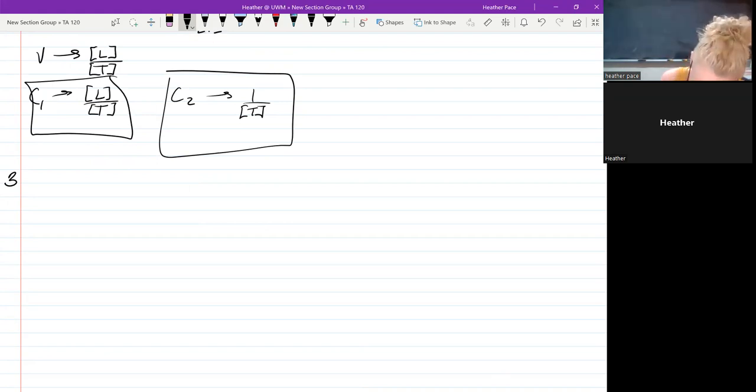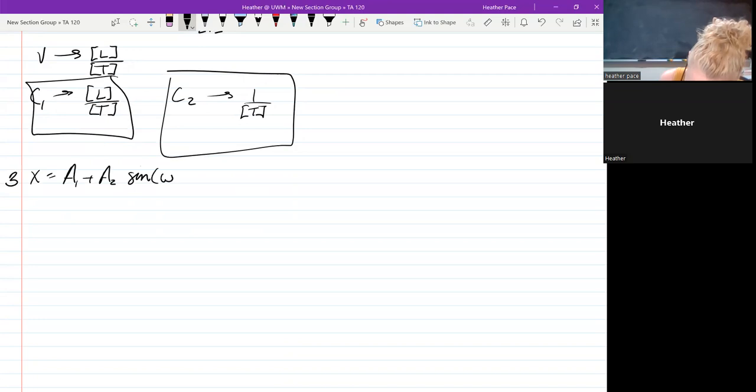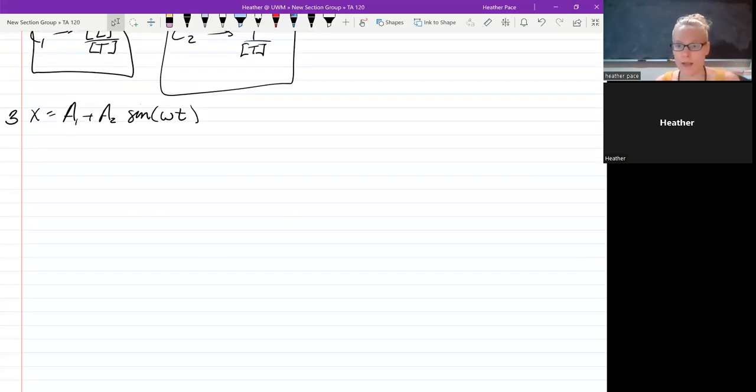So now again, just like the exponent, we want the expression in the parentheses, the omega t, to go away. We want it to be sine of a constant.